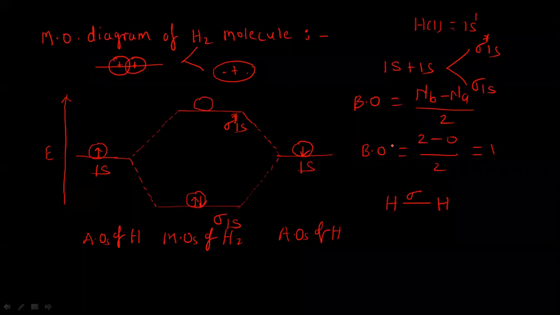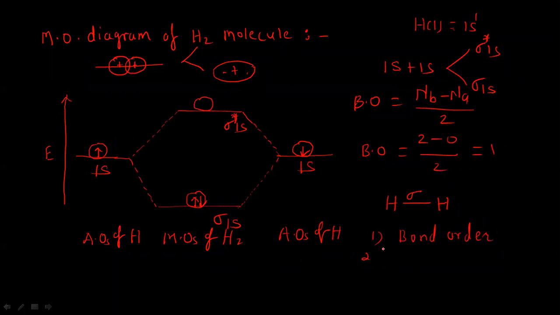Now on the basis of the MO diagram we can explain three things. First, bond order: we can calculate the number of bonds in the molecule. Second, we can write the electronic configuration of the molecule.